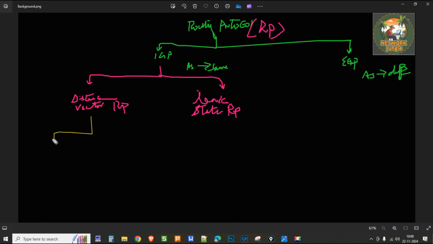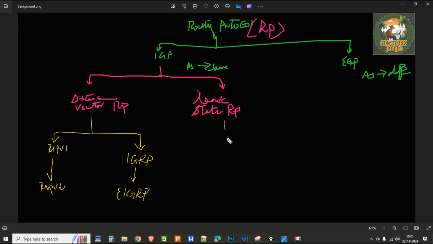Distance vector can be classified into RIP, Routing Information Protocol version 1, then RIP version 2. Another distance vector protocol is EIGRP, the Interior Gateway Routing Protocol, which was extended to the Enhanced Interior Gateway Routing Protocol.